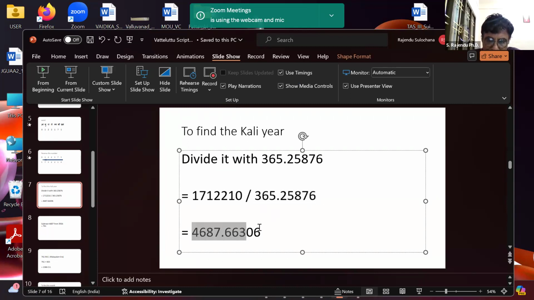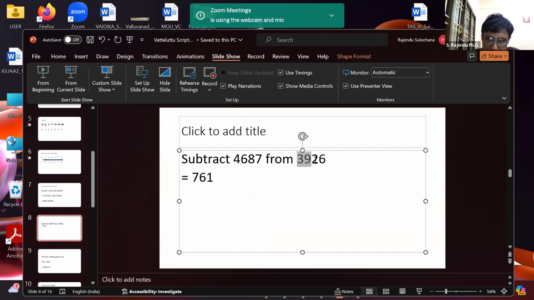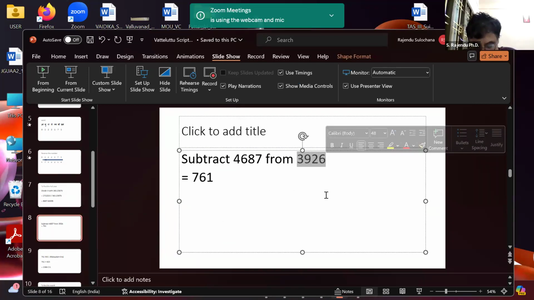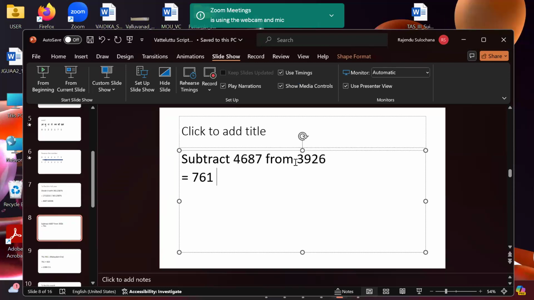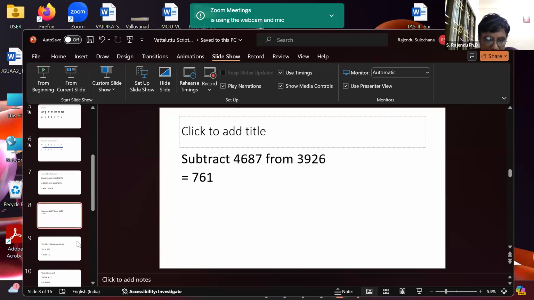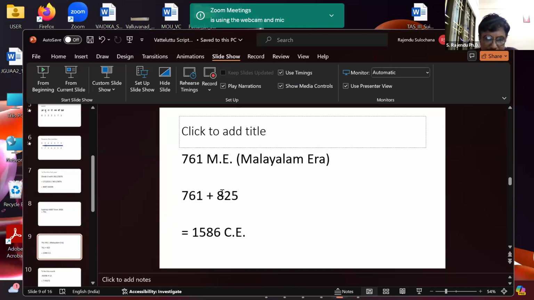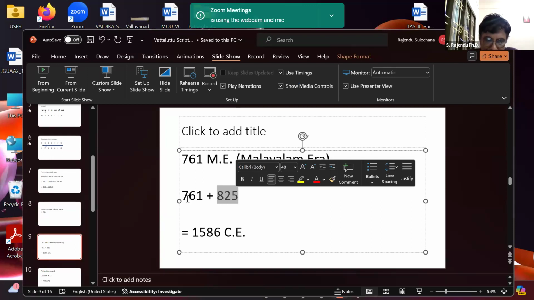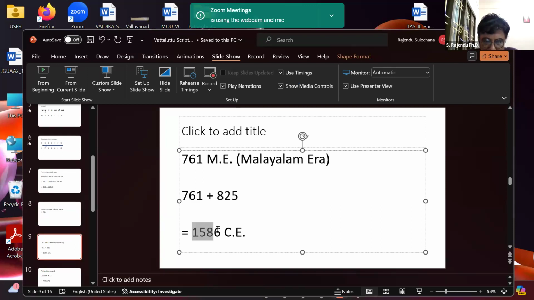The integer part you subtract from 3926. Always 3926, there is no change. Only this part will change, but this part never changes. Anyway, you get 761, then add 825, and you get the common era, that is 1586.